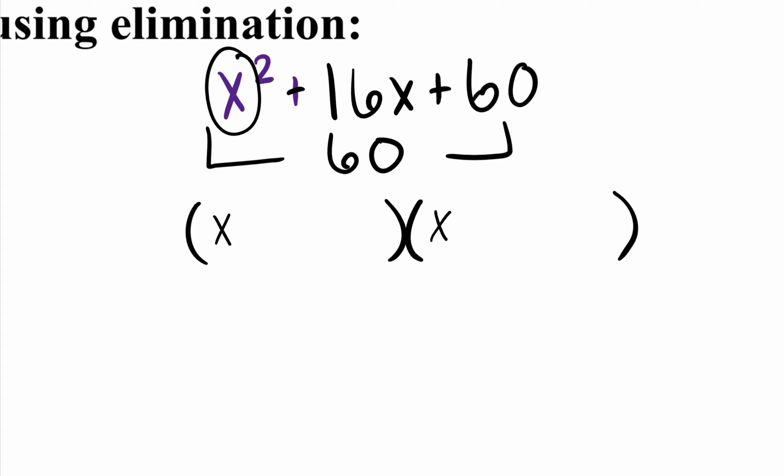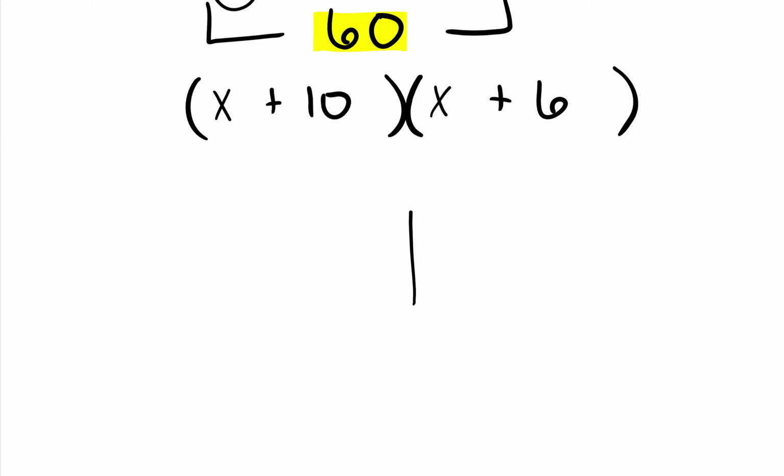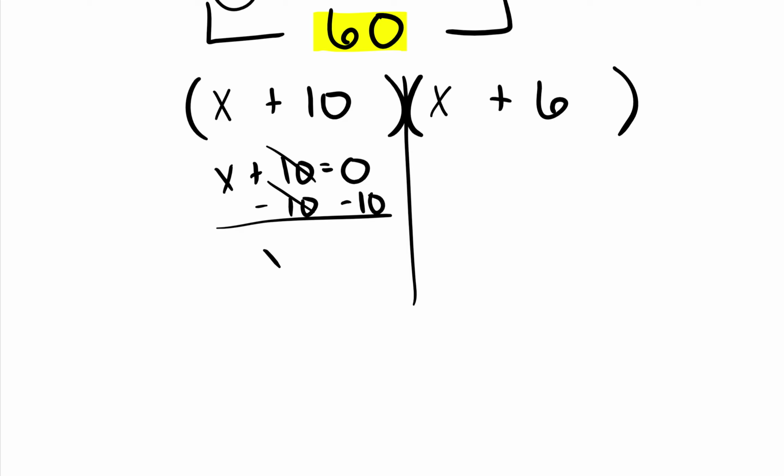Now, I want two numbers that multiply to 60, add to 16. That would be 10 and 6. Okay, I solve for x. Notice how once you are really good at doing this, or at least are comfortable and know the steps, doing it is actually not that bad.